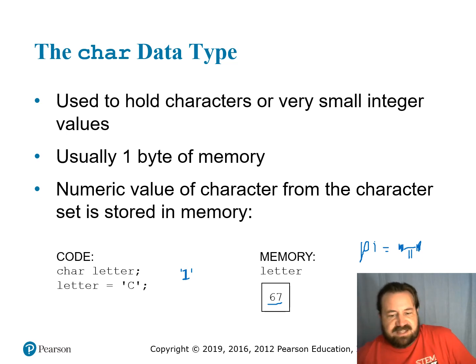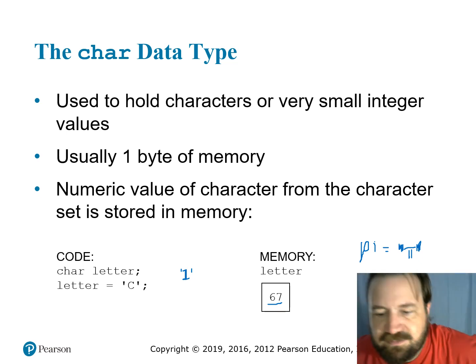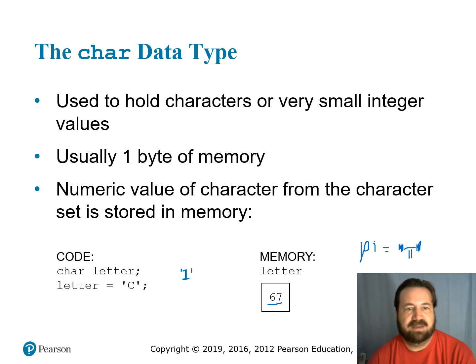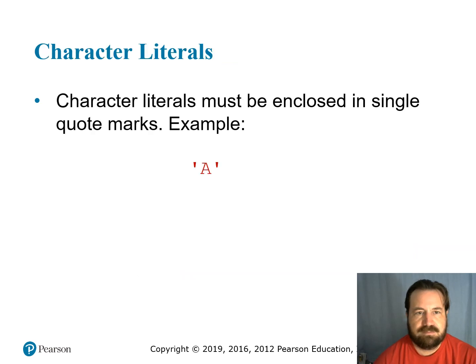There is an extended C++ variant, a 16-bit character that can store all of these Unicode characters, but regular C++ doesn't know how to do that. Character literals must be enclosed in single quote marks to distinguish them from strings, which are double quote marks.